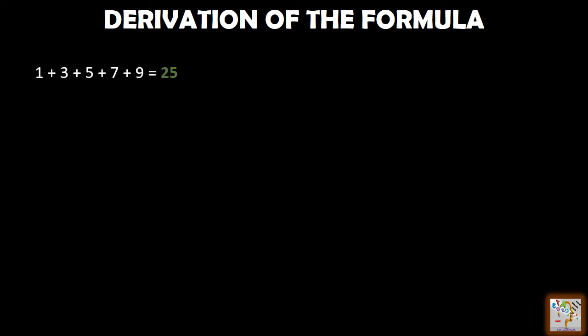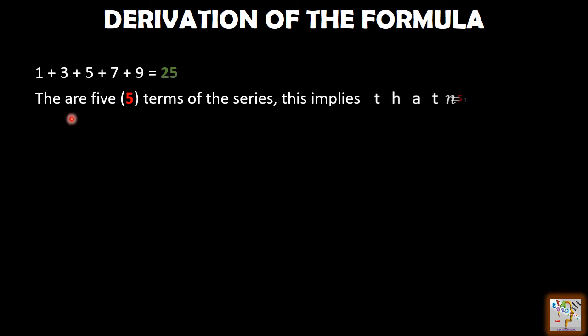If we decide to use the same arithmetic series, it means there will be 5 terms of the series, and this will imply that n is equal to 5. Now we are summing. We want to sum.